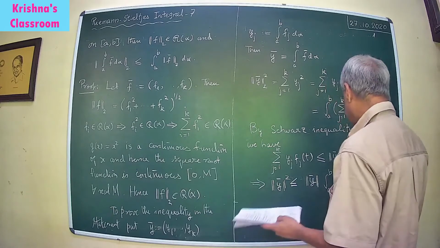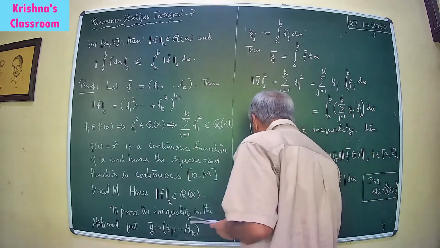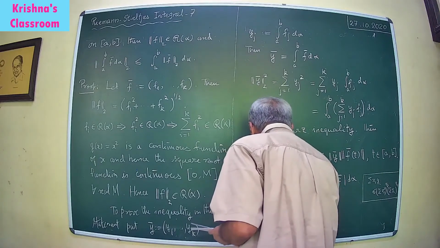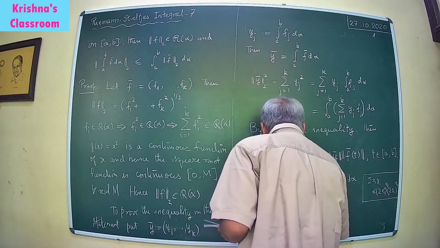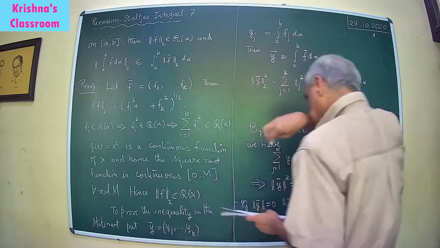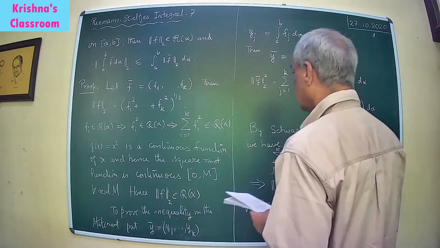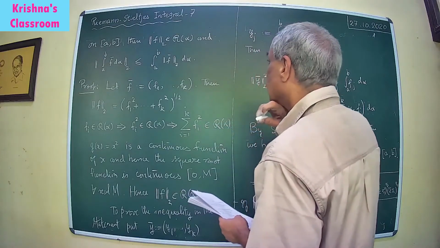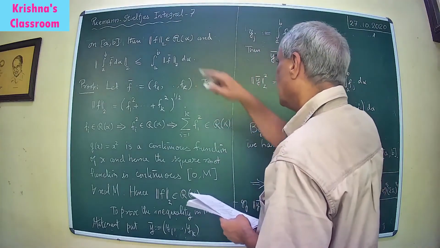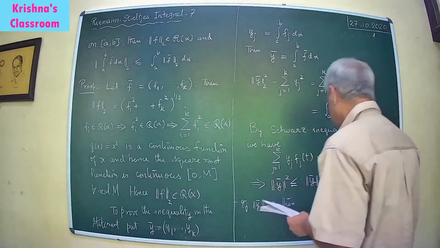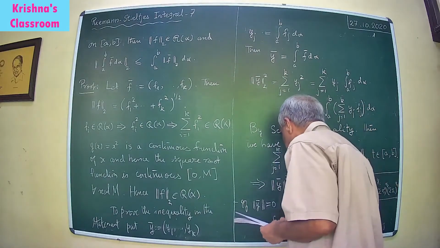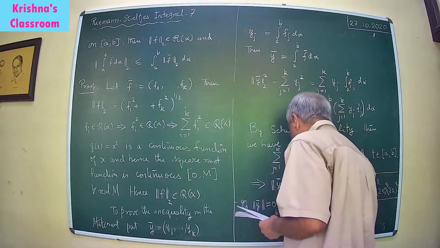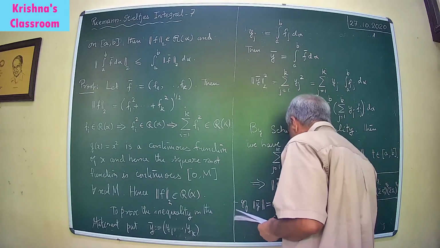So there are two cases. If norm y bar is equal to 0, then the inequality is trivial. What is the inequality? The inequality is the integral a to b of f bar d alpha.